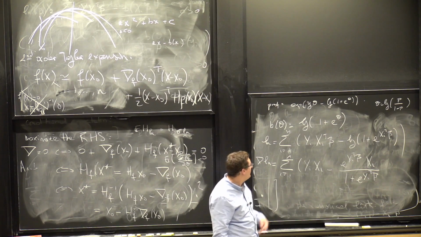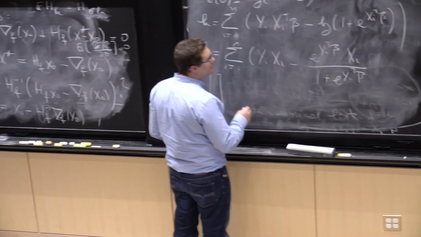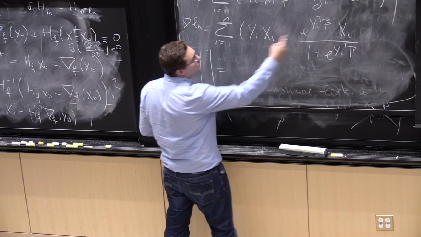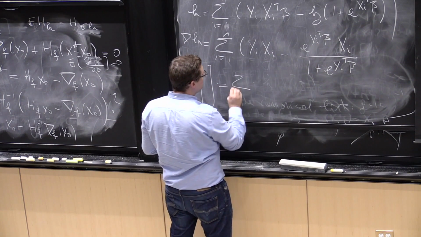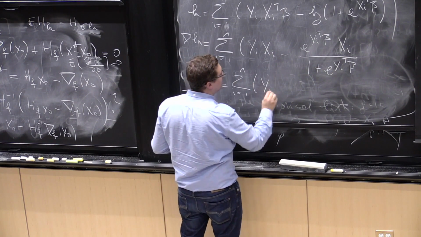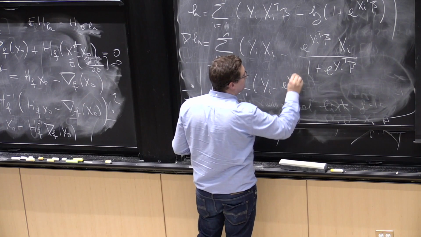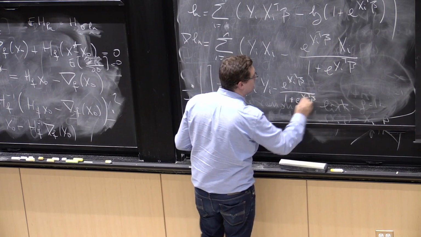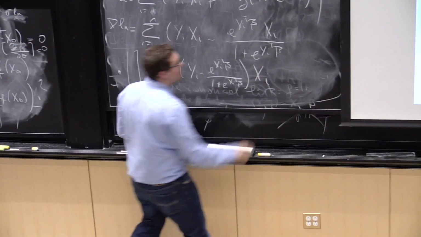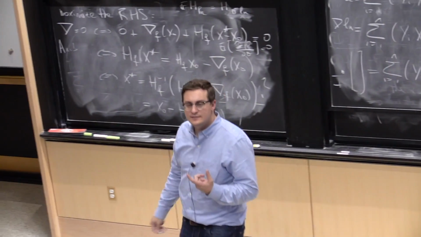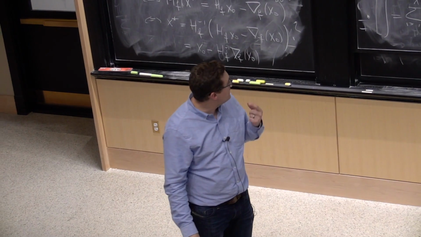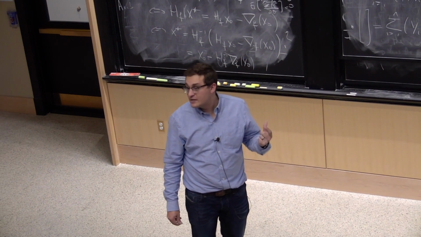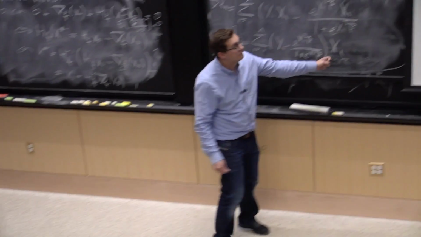OK? So my Hessian, my gradient, sorry, I can actually factor out all my xi's, and it's going to look like this. My gradient is a weighted average or weighted sum of the xi's.